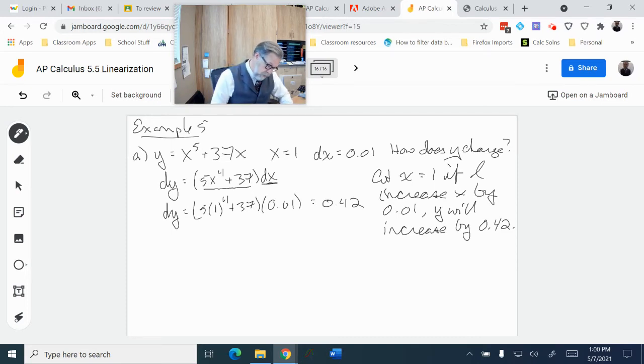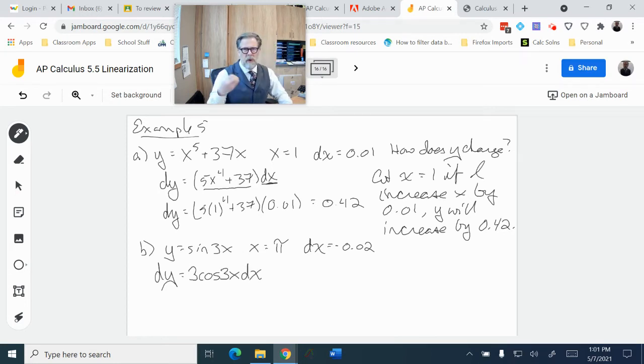So let's do a couple more examples just to get us used to this. Let's look at the function y equals sine of 3x. I want to know what's happening at x equals pi, and I want to know what happens if I reduce my value of x by 0.02. So dy is equal to 3 cosine of 3x dx.